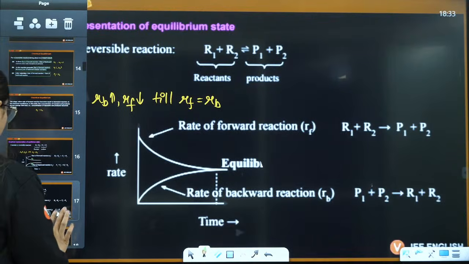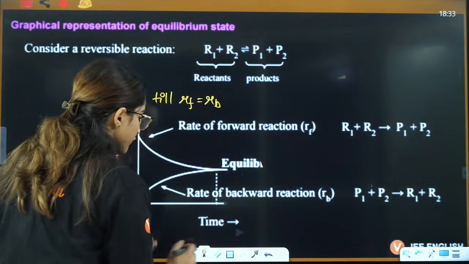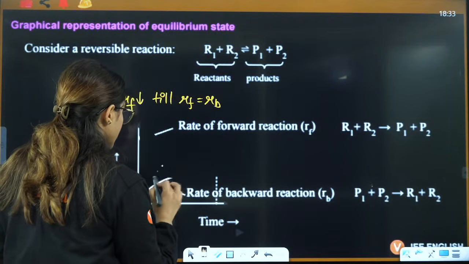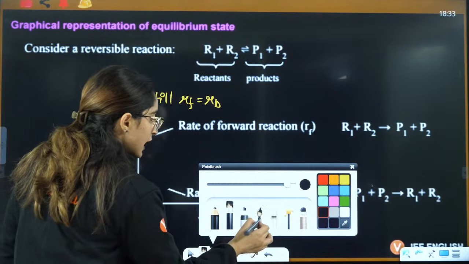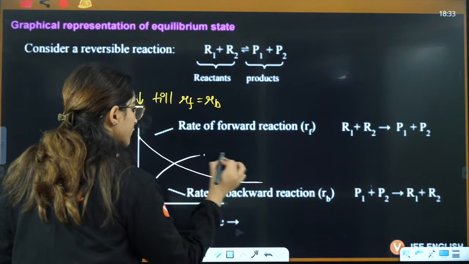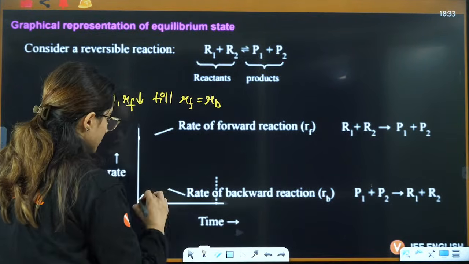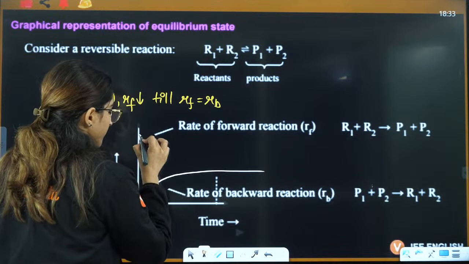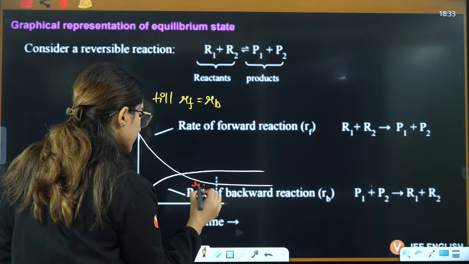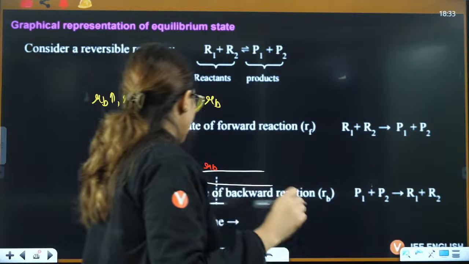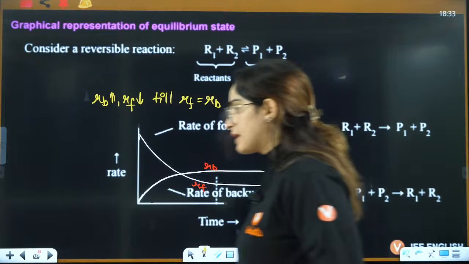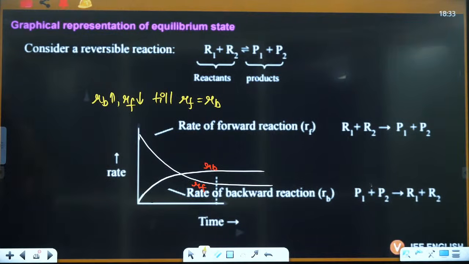If I draw another graph that looks like this, you will tell me whether that will be equilibrium or not. You have a forward direction, you have a backward graph that goes like this. This is rate of forward, this is rate of backward. Is this a graph of equilibrium or not?